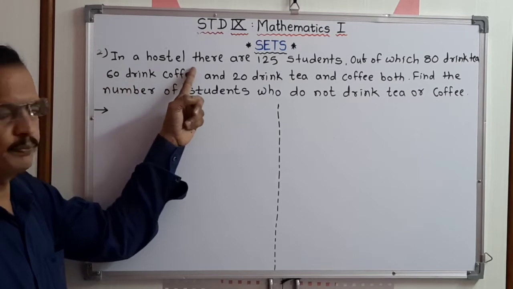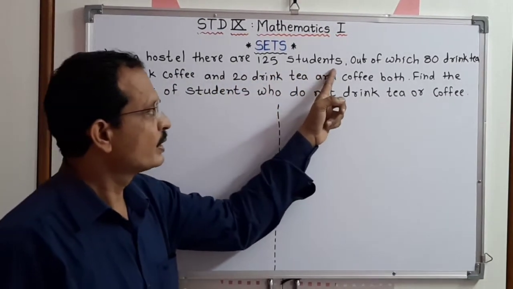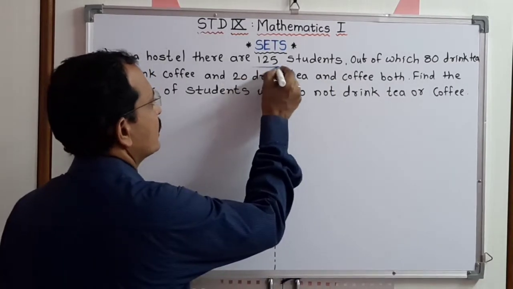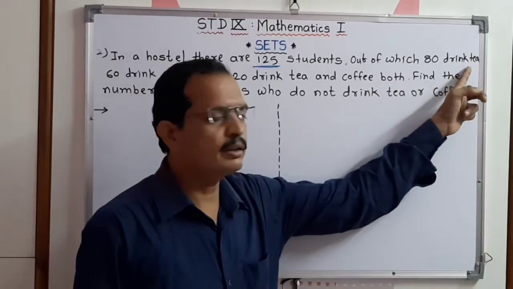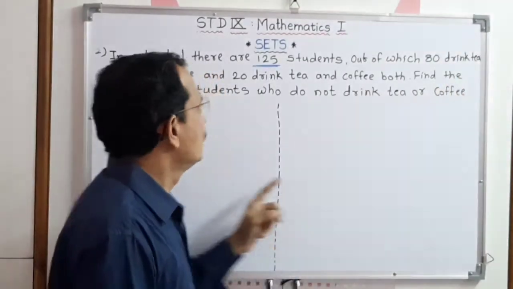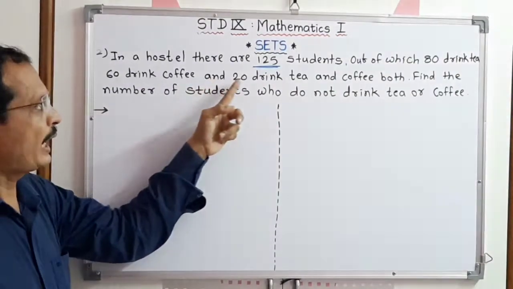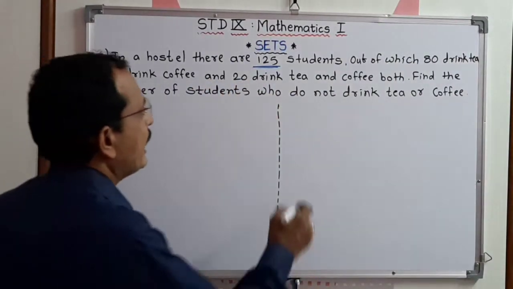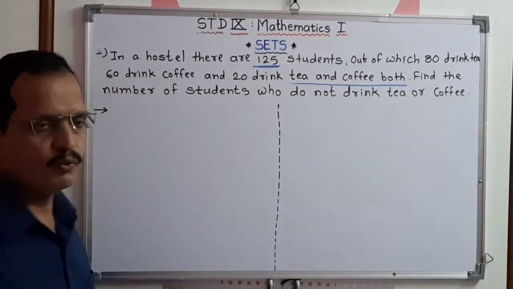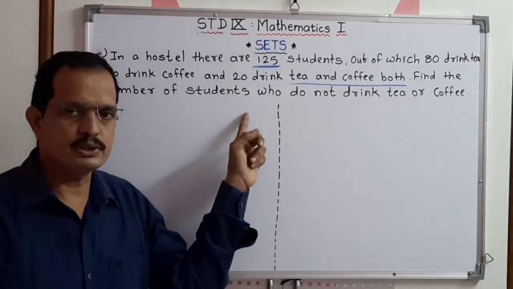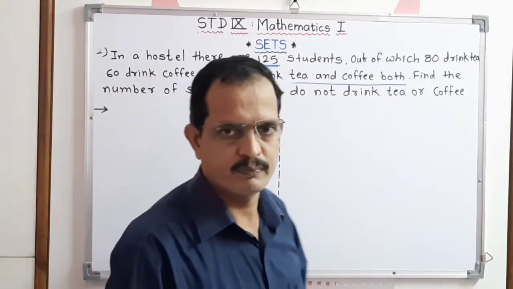In a hostel there are 125 students. Total students are 125, out of which 80 drink tea and 60 drink coffee and 20 drink tea and coffee both. Find the number of students who do not drink tea or coffee.